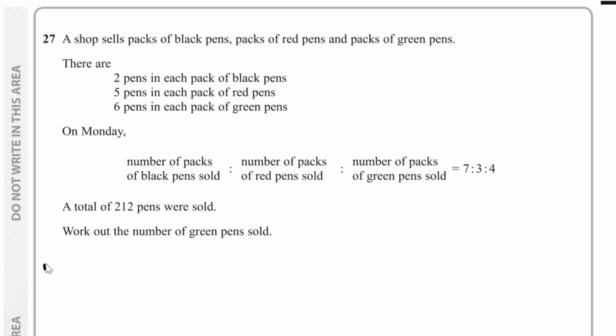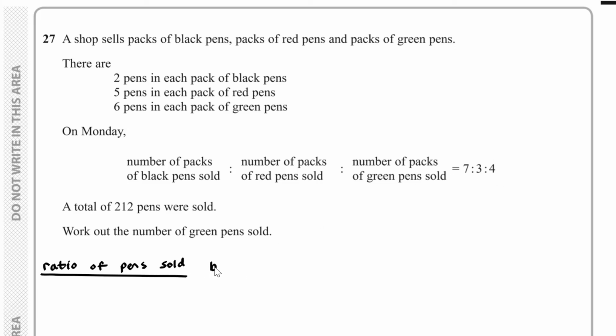So, we see over here, first of all, we can find the ratio of the pens sold. So the ratio of the pens sold, we have 7:3:4 for the packs of those sold. We see that we have 2 pens in each pack of black pens, so 2 times by 7, that's 14.